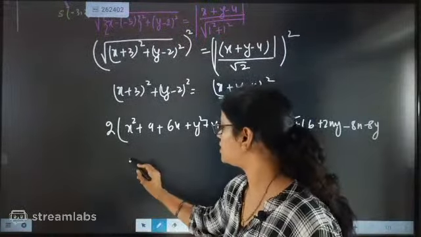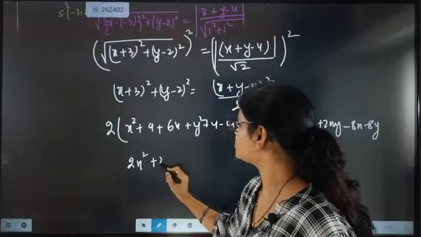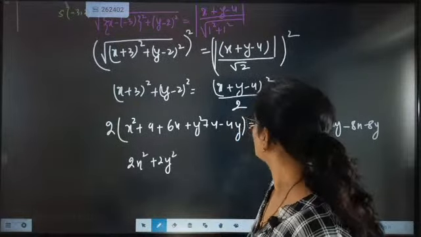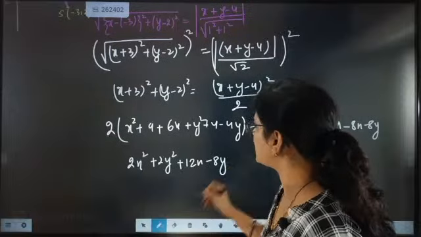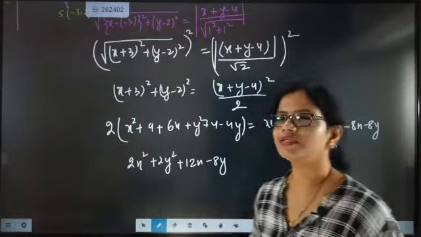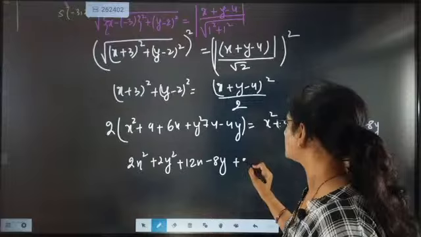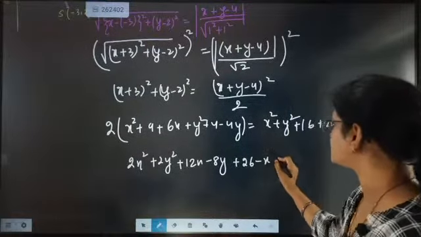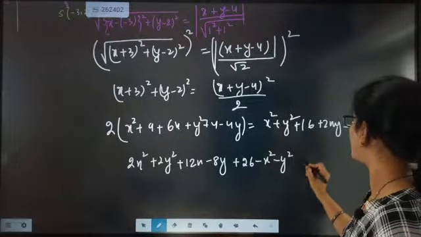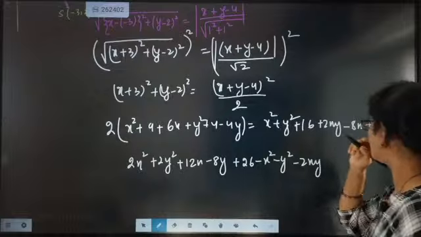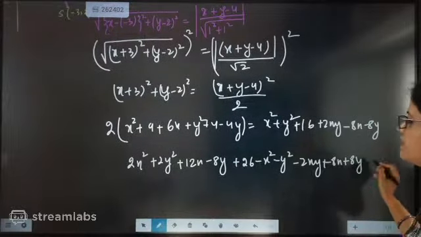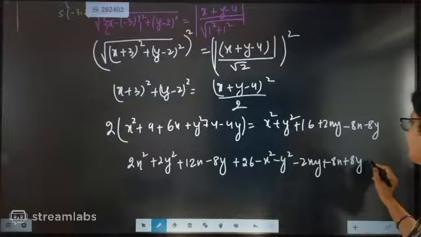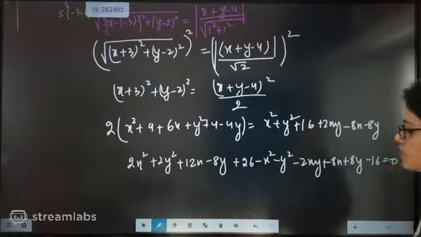So it is 2x square plus 2y square plus 12x minus 8y plus 26, then minus x square minus y square minus 2xy plus 8x plus 8y minus 16 equal to 0.